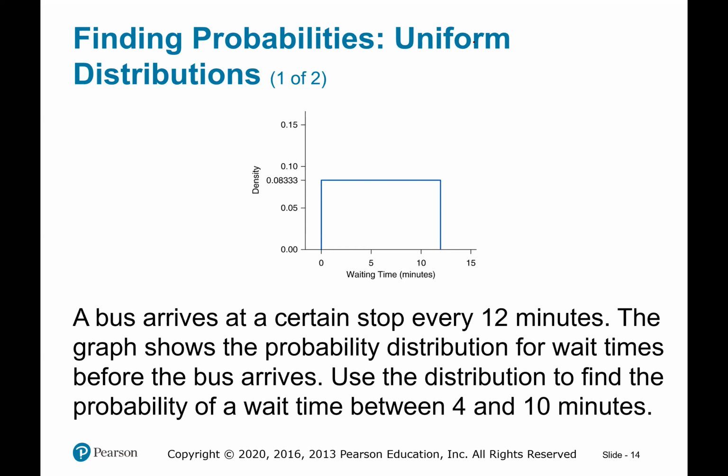Use the distribution to find the probability of a wait time between 4 and 10 minutes. I'm going to estimate here is 4, and 4 to 10, right? So I'm going to shade all the area under the curve between 4 and 10.